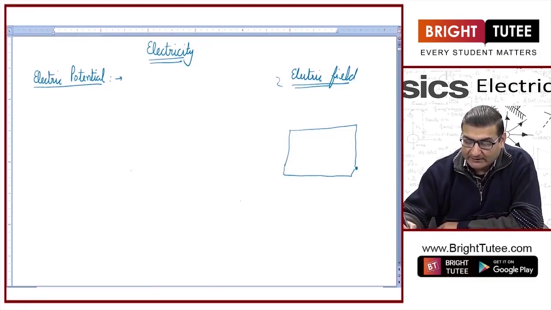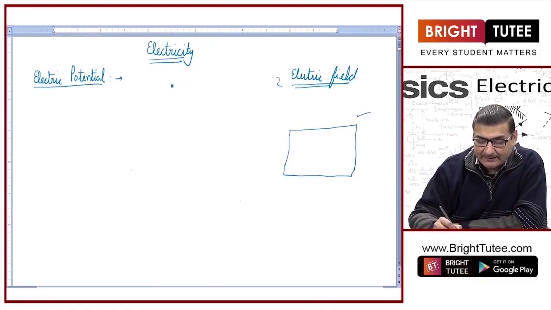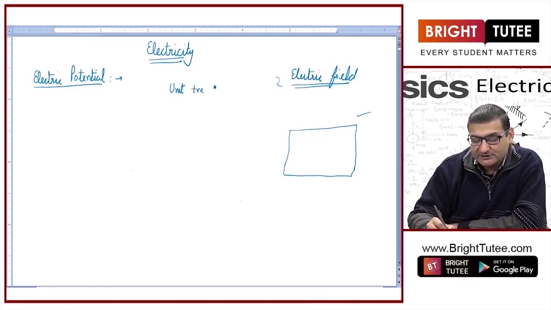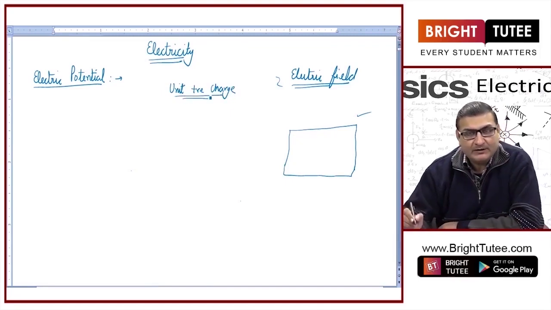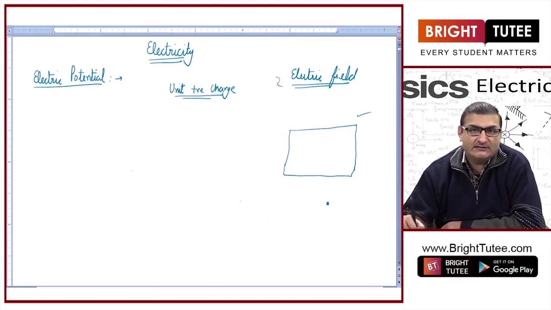Fine. Now, keeping this electric field aside, the second thing we need to understand is that there is a unit positive charge. This unit positive charge is anywhere around this electric field. It may be near the electric field, it may be far, it may be very far.